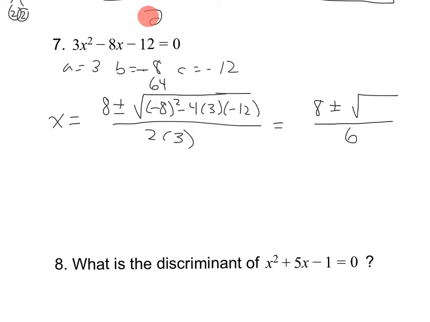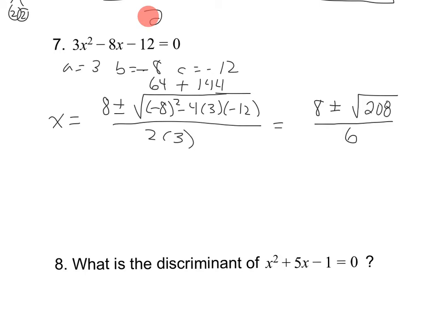Now for our numbers here, we have two negatives. We have a negative 4 and a negative 12, so it's going to be plus. We have 4 times 3 times 12, which is 144. So we just take 64 plus 144 and we get 208.